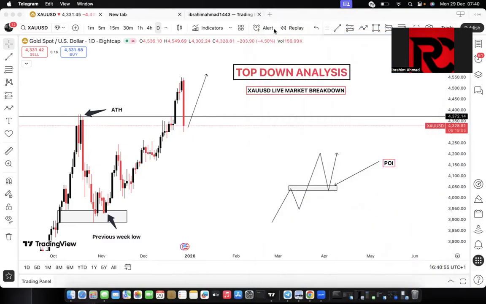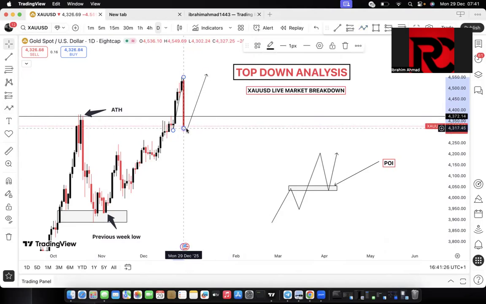Today I'm going to be giving you this live market breakdown so you can learn how we do it and find smaller entries to catch this amazing 2000 pips move. Clearly, as you can see, price broke this high, made a breakout, broke the all-time high, and retested.